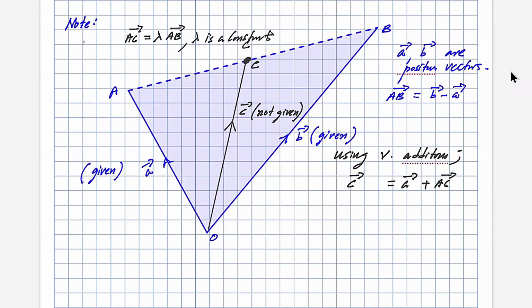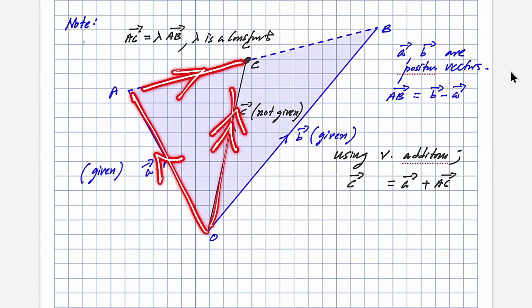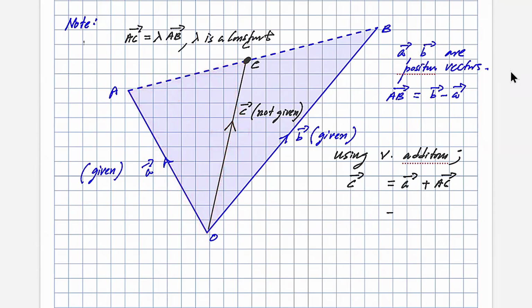You can see this plus this piece is equal to this piece. Now, A vector is fine, plus AC is lambda AB. Now, AB is replaced: A vector plus lambda times (B minus A). And that is C vector.